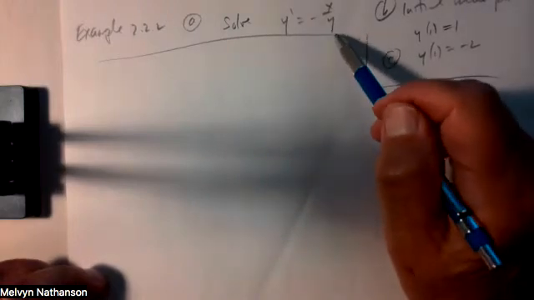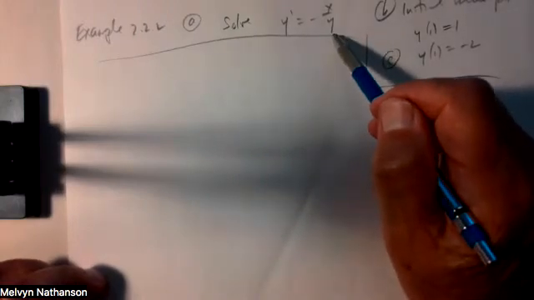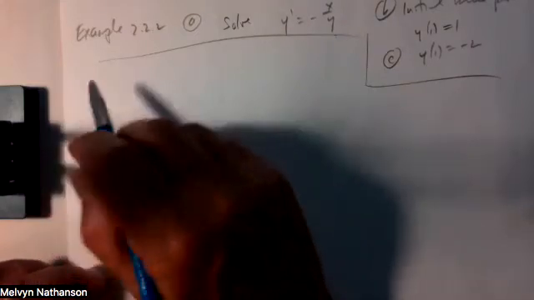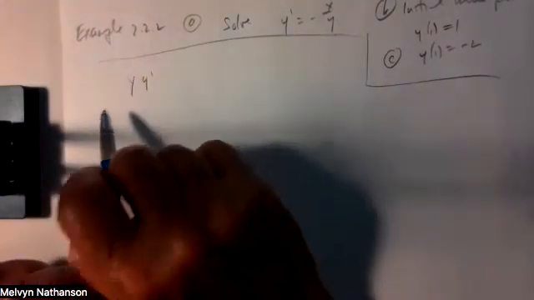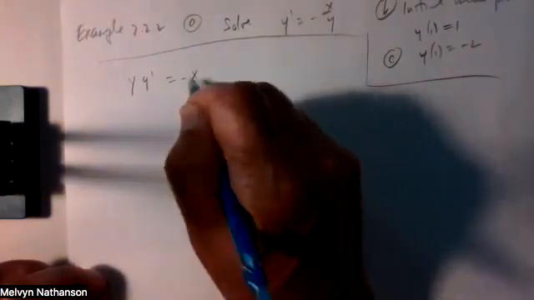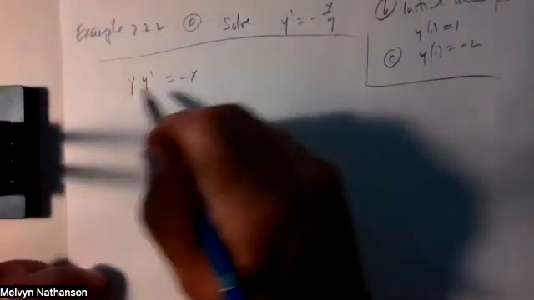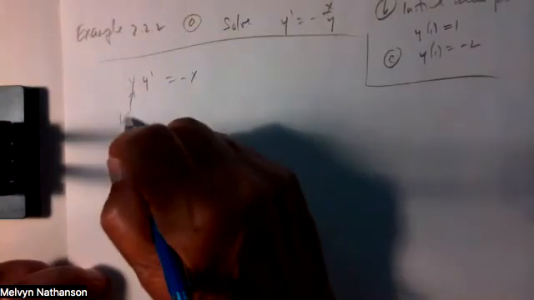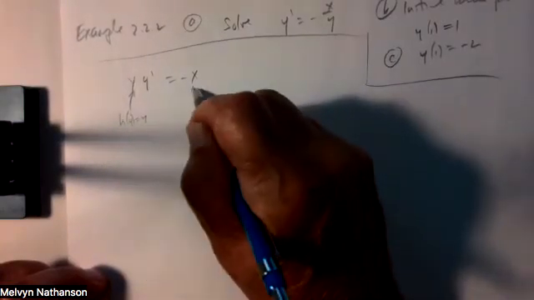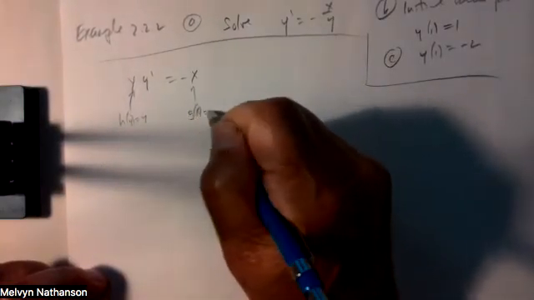Again, this equation doesn't look separable, but if you simply multiply by y, y y prime equals minus x, now this equation is separable. My function h of y is equal to y. My function g of x is equal to minus x.